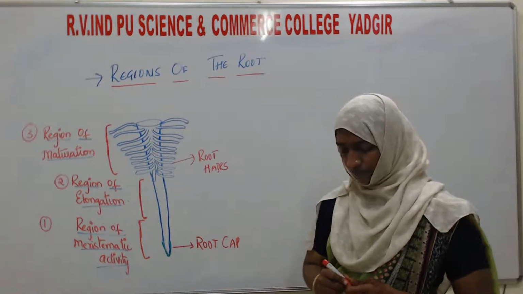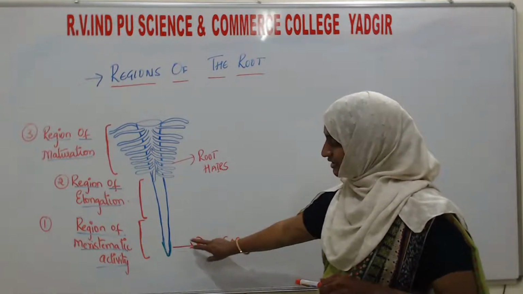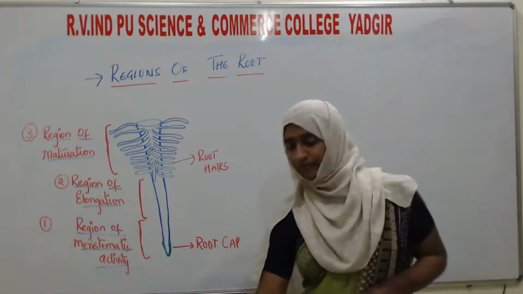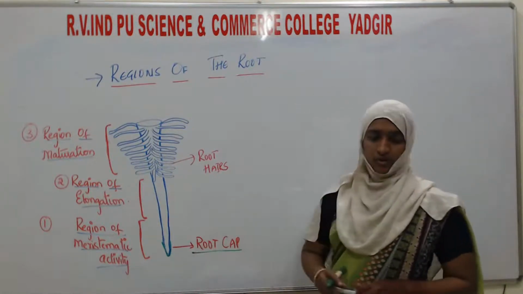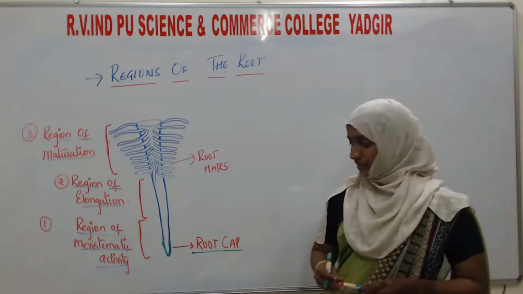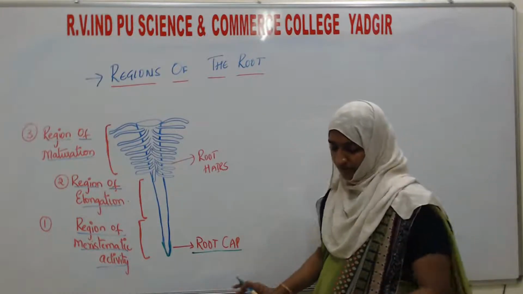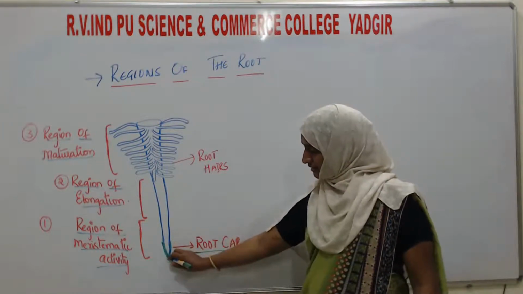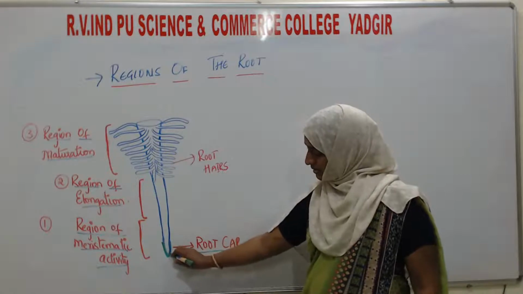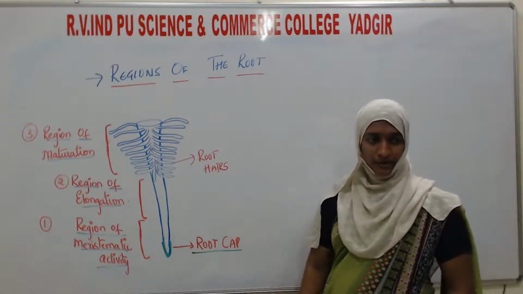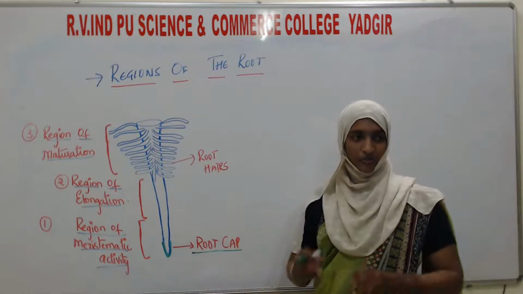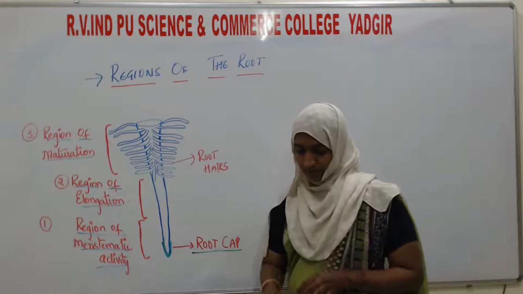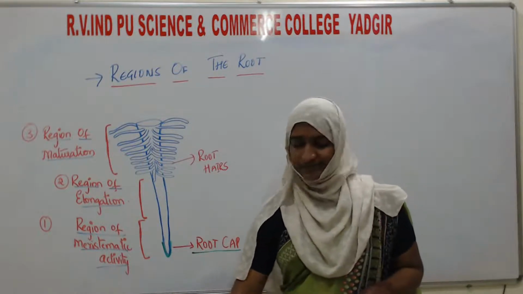So first, one by one, we will go. Here, at the tip of the root, you will find the first part, that is the root cap. What do you mean by root cap? Here the root cap is covered at the tip. You can see the green color sketch here, which is forming a cap-like structure at the tip of the root, and it forms a thimble-like structure.